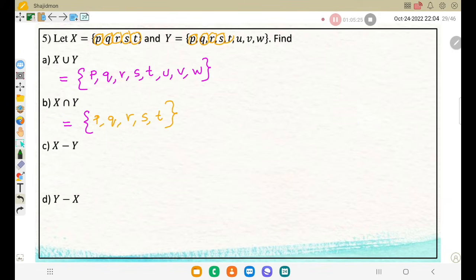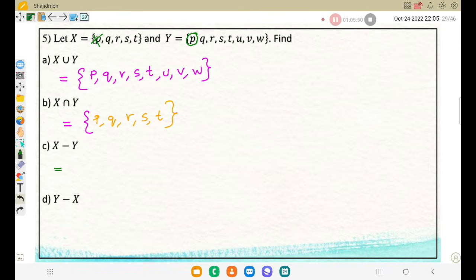Now X minus Y. What is the meaning? X minus Y means write the elements of X but not in Y. So for example, P is coming in the Y set, delete that from X. What are the elements coming in the Y set?